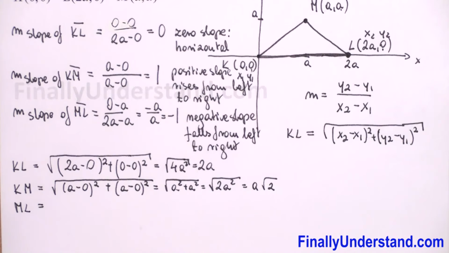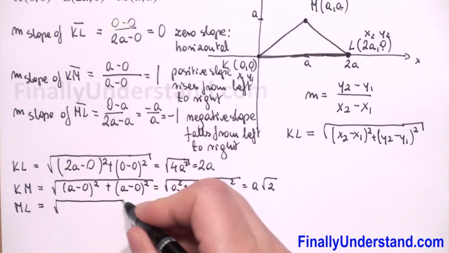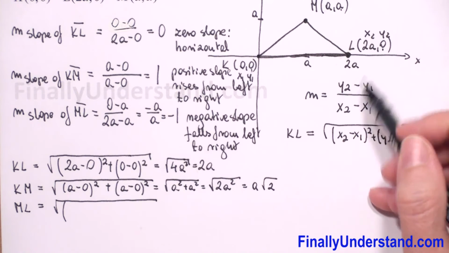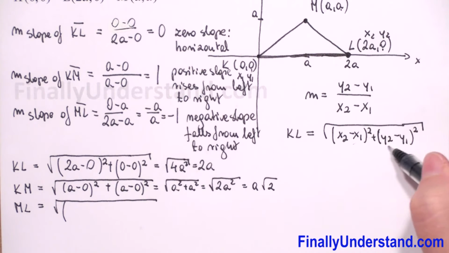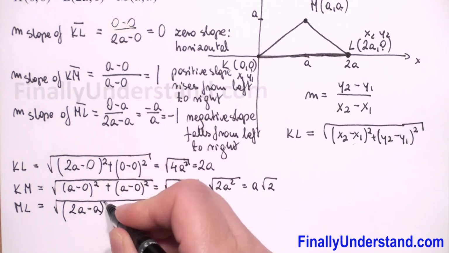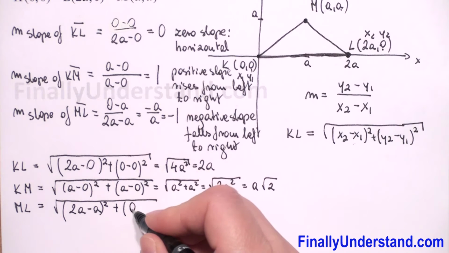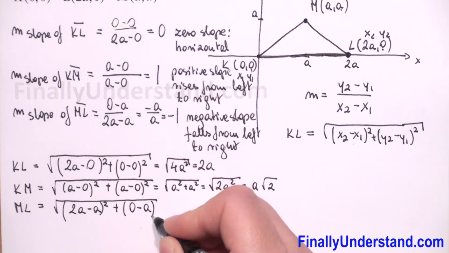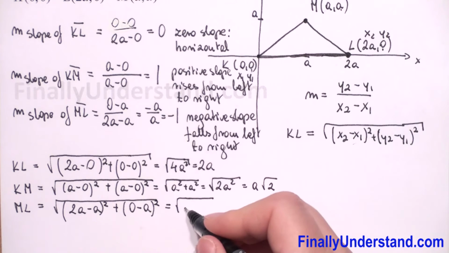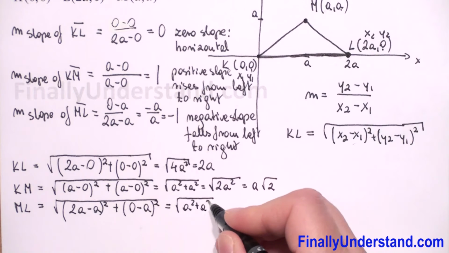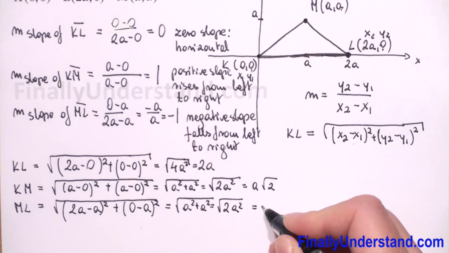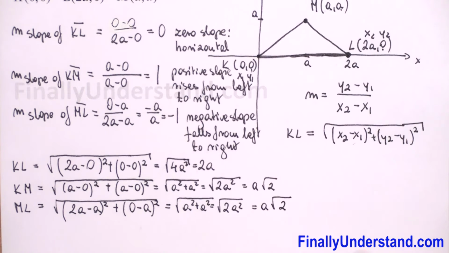This is equal again square root of, and L is now the last. So first we have to subtract x coordinates, next the y coordinates. So we have 2a minus a to second power plus 0 minus a to second power. So this is equal square root of a squared plus a squared, so this is equal square root of 2a squared, so this is equal a square root of 2.